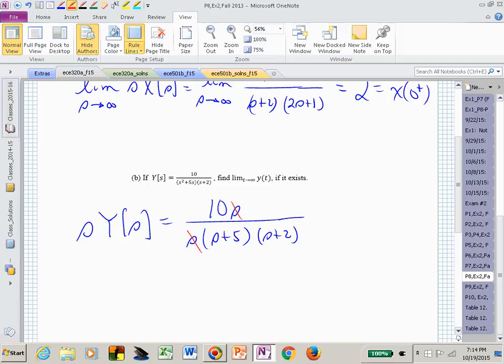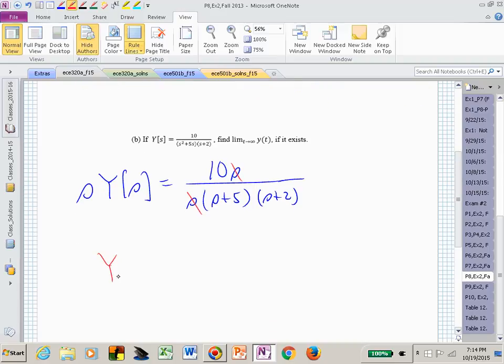That's okay. But if you started with something else, suppose that you now had y1 of s, that was 10s squared over s plus 2. Could you apply the final value theorem for y sub 1?